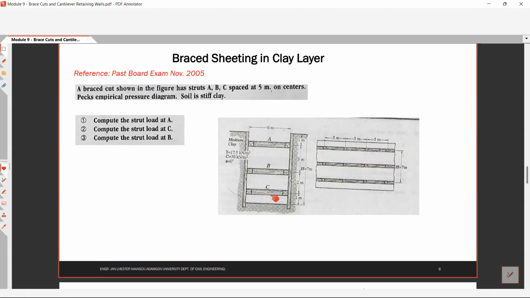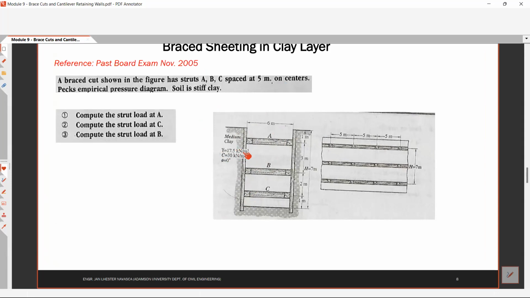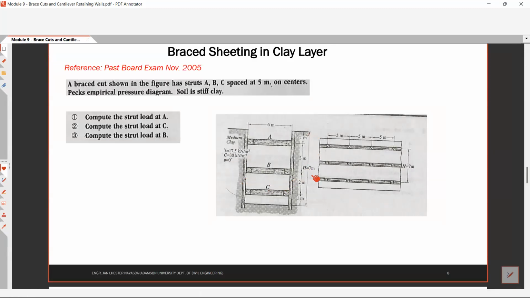So given it is a medium clay with a unit weight of 17.5 kilonewton per cubic meter, a cohesion value of 30 kilonewton per square meter, and an angle of internal friction assumed to be equal to 0. Okay, and the total height of our retaining wall is 7 meters.